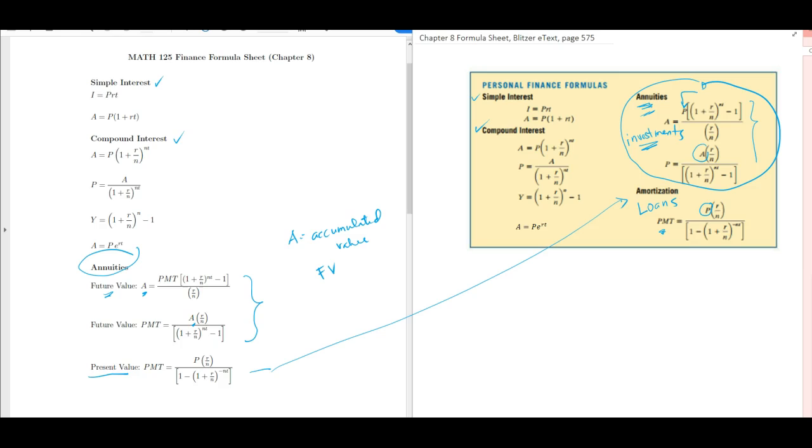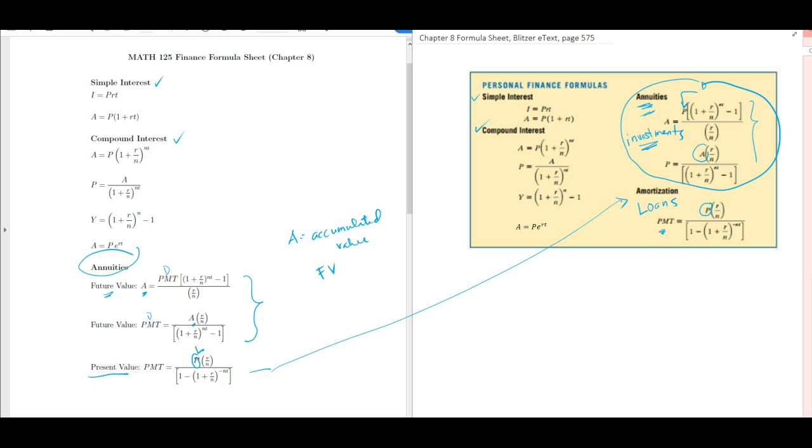So I hope that you see now that this present value really just means loan. In fact, you can change that P into L to mean loan. For future value, for both formulas, you might want to change the payment to D for deposit, your periodic deposit.